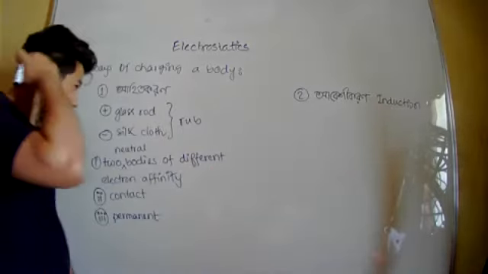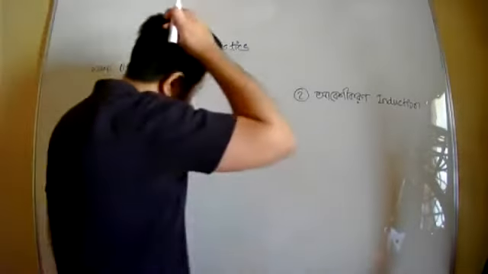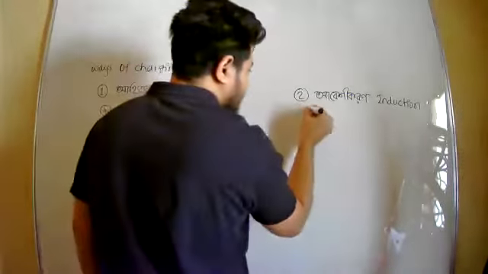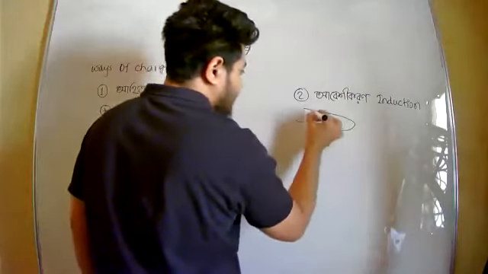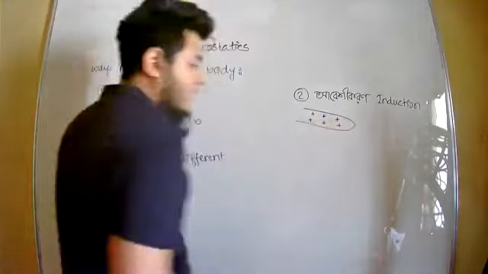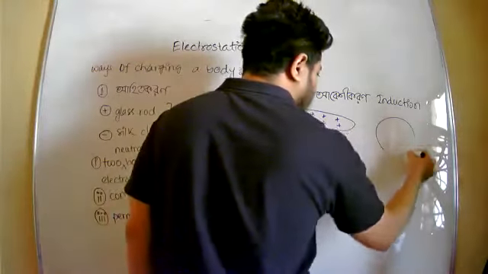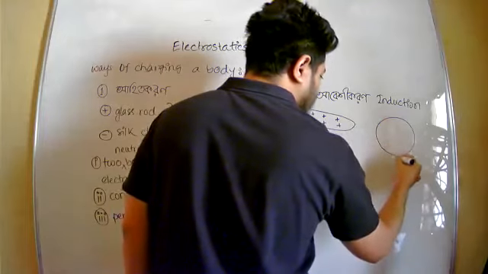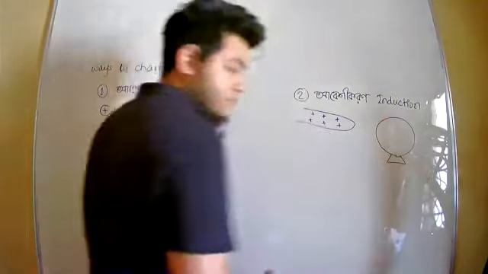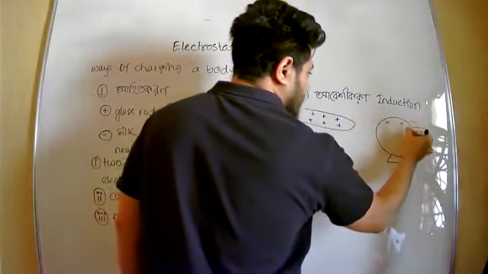Now, let us say, what is the induction process? In this, what we do is, we already have a charged body. The other body that we will take, initially, it will be neutral. Okay. So, at first, it was in this condition.